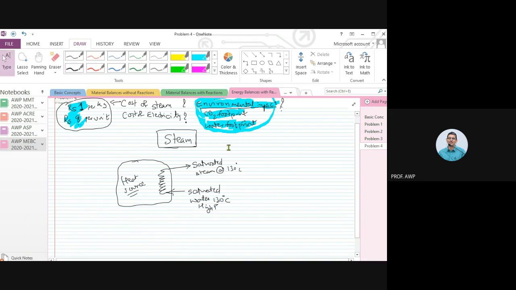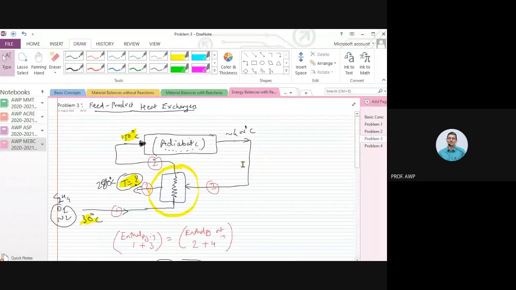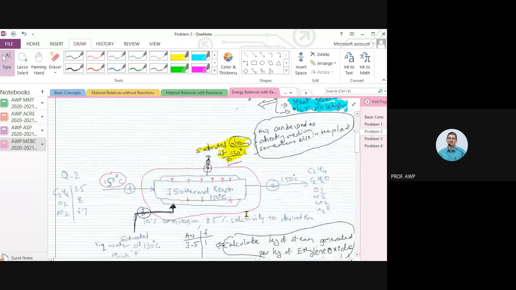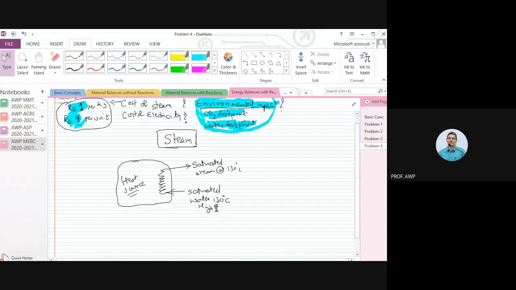In the previous problem, the heat source was the reaction that was occurring. Do you agree with that? Yes, sir. But let's say now our plant is not making ethylene oxide. Then how do I generate this steam?